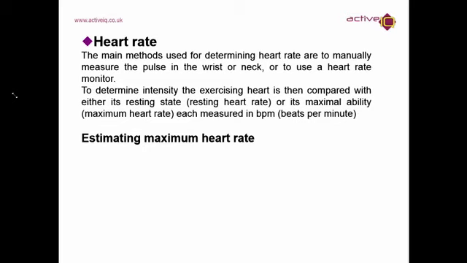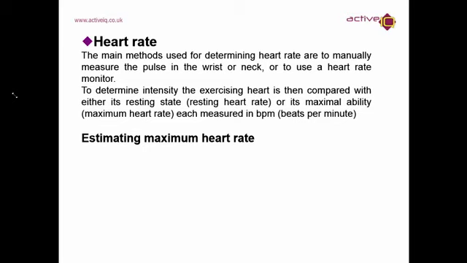What's more accurate is to use a heart rate monitor, and a lot of the machines we use in the gym today, particularly CV machines, will have a built-in heart rate monitor that you can get your client to put their hands on, and it'll give a reading of their heart rate.